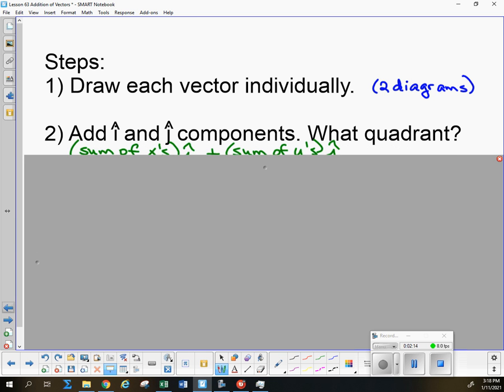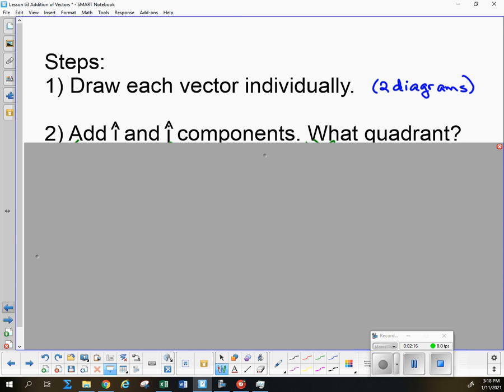My next step is I want to add the ihat and jhat components. We cannot add in polar form. If we are given vectors in polar form, like in this example, we must convert to rectangular.